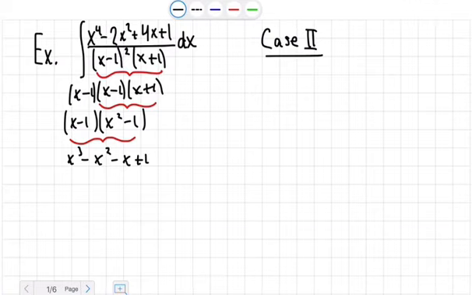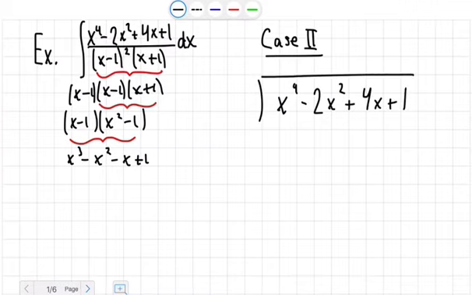So now that we know what our denominator looks like as a polynomial, we can set up our long division over here off to the side. That's going to be divided by our cubic.